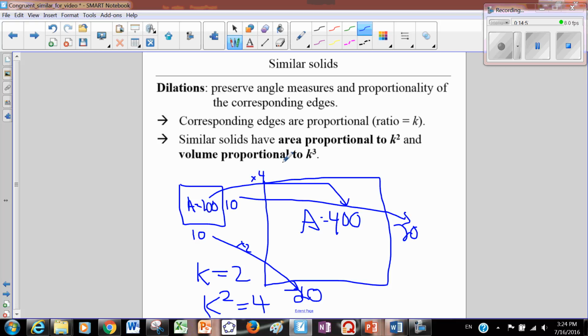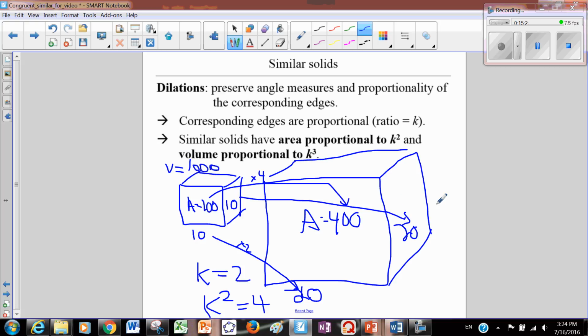And if we did a solid, if we did a cube here, the volume of this cube would be 10 times 10 times 10, right? Which would be 1000. If you double the cube's side here, it would be 20 times 20 times 20.